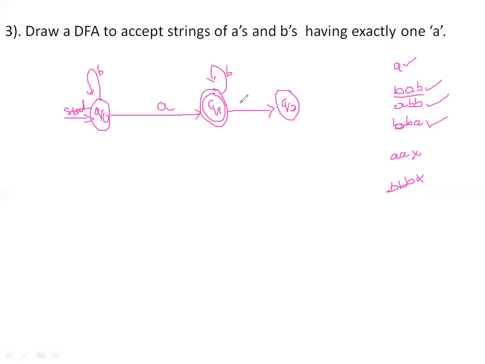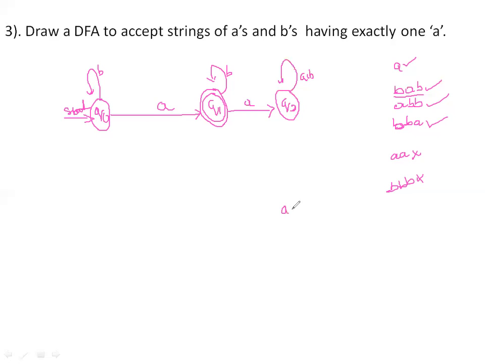I repeat, when the DFA enters this trap state, there is no way to reach the final state. If I label this transition as A, then whenever we find more than one A, we go to Q2. And for this, I'm going to provide a self loop labelled A, comma, B.